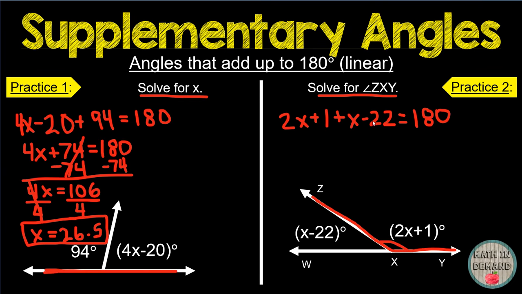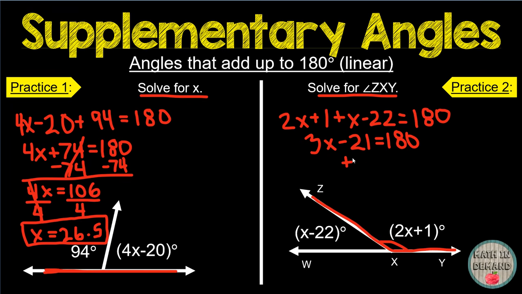I can combine multiple terms. Here I have a positive 1 and a negative 22. I also have a 2x and a positive 1x. I like to do my variables first. 2x plus 1x will give me 3x. So I'm going to write 3x. Positive 1, negative 22 will give me negative 21 equals 180. This is a two-step equation.